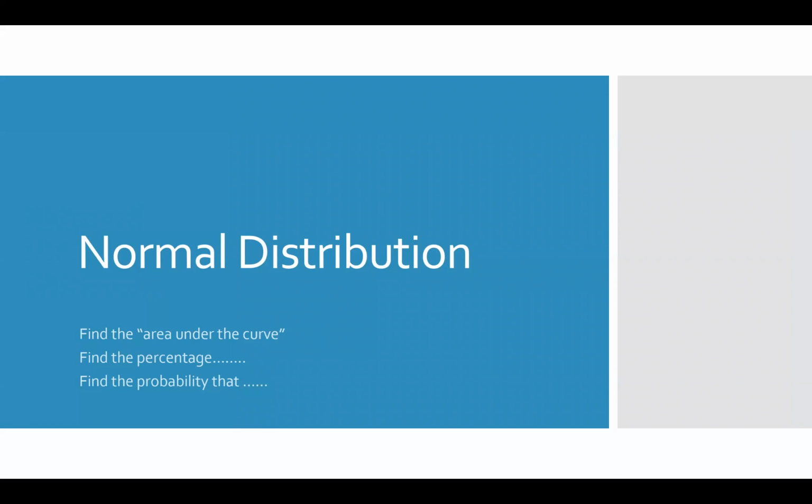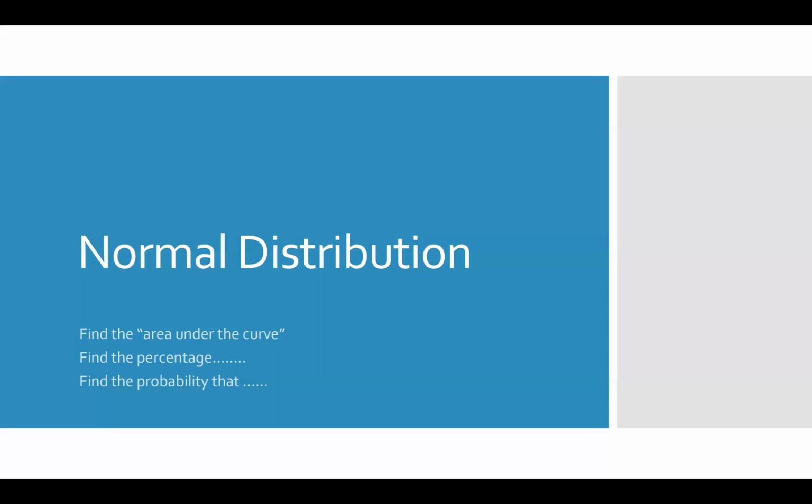So there are really two different ways that questions are presented in relationship to the normal distribution. The first one is you may see questions that say, find the area under the curve, or find the percentage, or find the probability that. There's one process for that, and then there's another procedure where you start out knowing that percentage and have to work your way backwards to the corresponding X value.